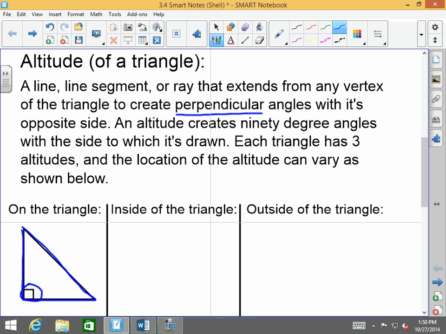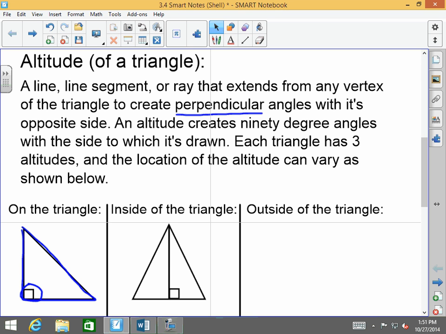You guys know that's a right triangle. It can be inside of the triangle. It's different than on the triangle, because inside the triangle, it's literally inside. It's not at any of the vertices of the triangle.